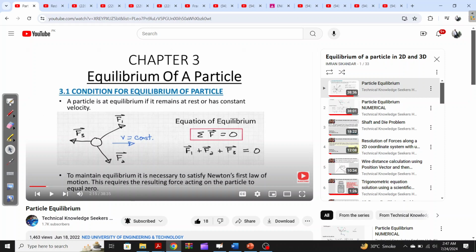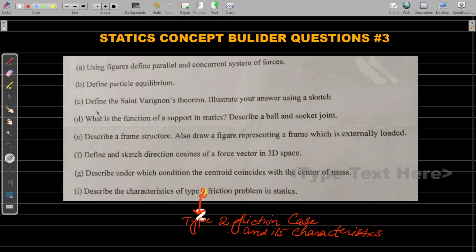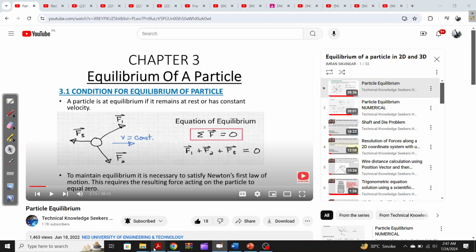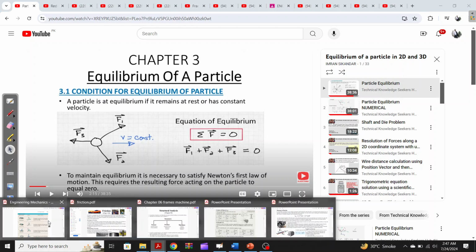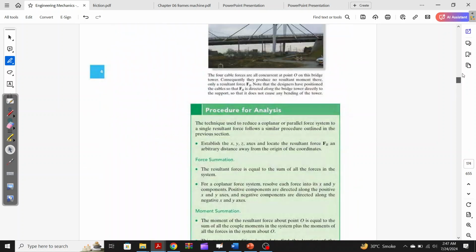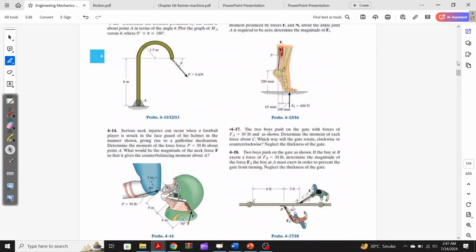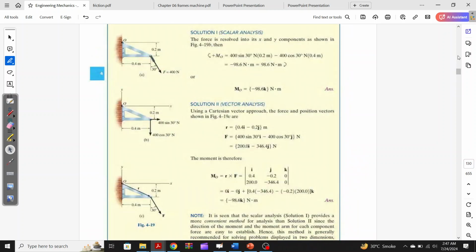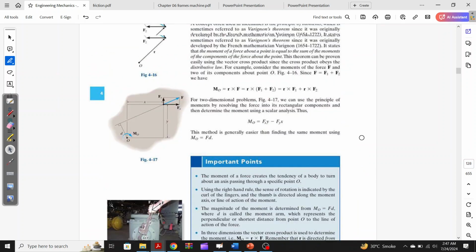Once this has been done, what about this? Define Saint-Venant's theorem. Illustrate your answer using a sketch. Saint-Venant's theorem is nothing but the explanation of the principle of moments. If you go to our book, chapter 4, they have explained the principle of moments over here, and this is the explanation.